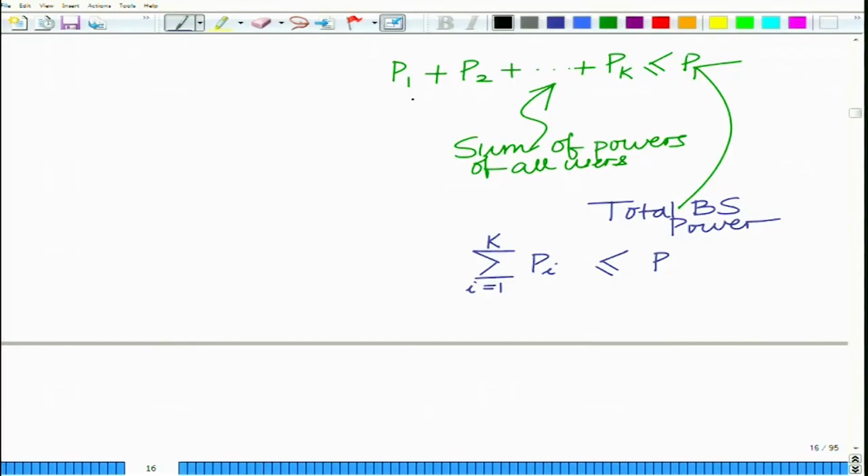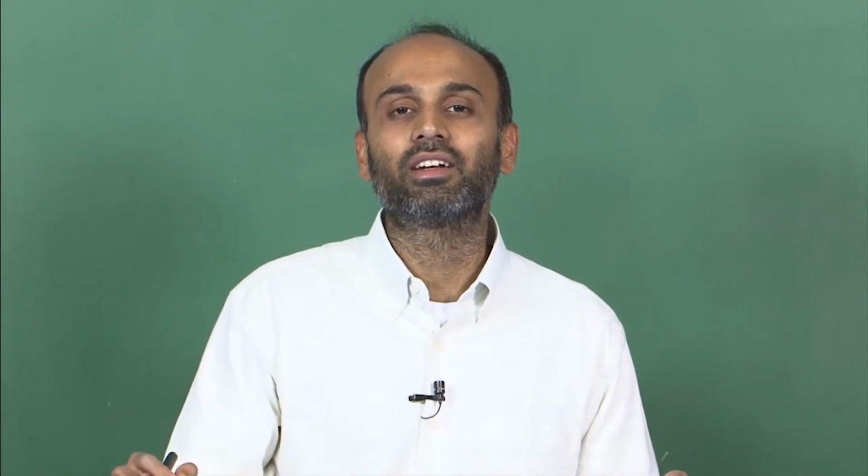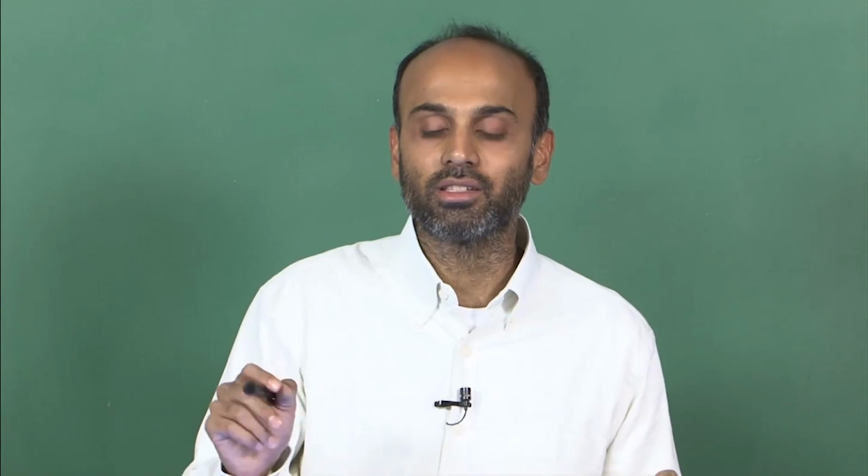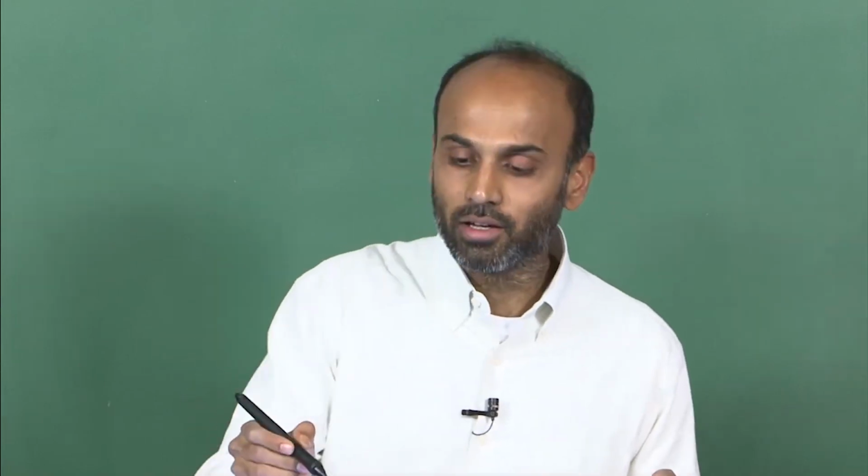Okay. So this is a very important constraint in wireless communication. So basically the set of all feasible powers that satisfy this constraint lie in a half space. That is the interesting interpretation that one can make here.